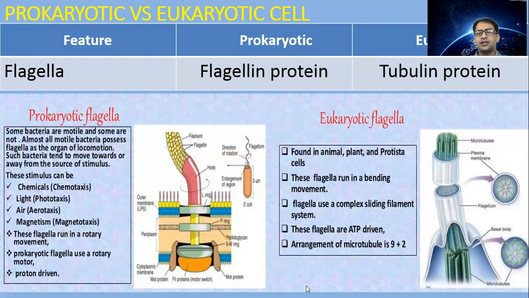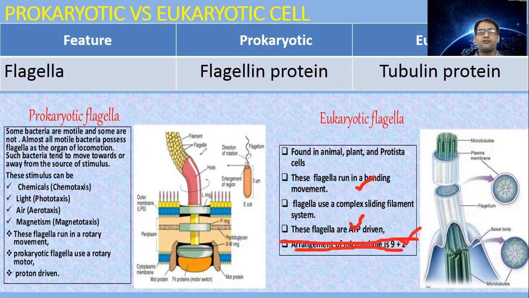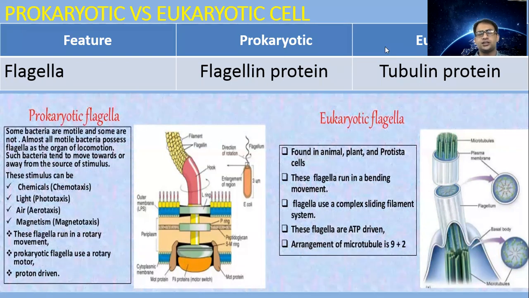As you can see, 9+2 arrangement of tubules is found, and these flagella show a bending movement rather than rotatory movement, and they are ATP driven rather than proton driven. The flagella of prokaryotes do not have microtubules. They are made up of flagellin protein.